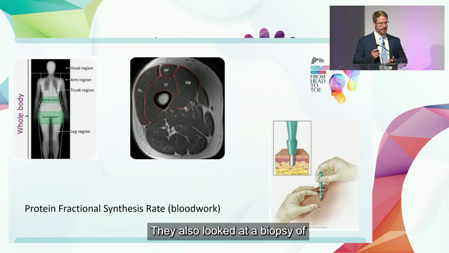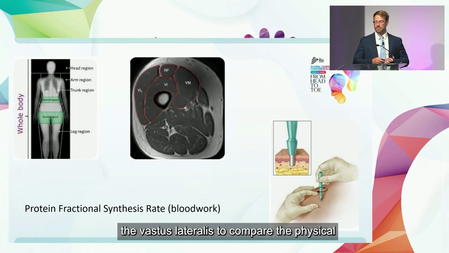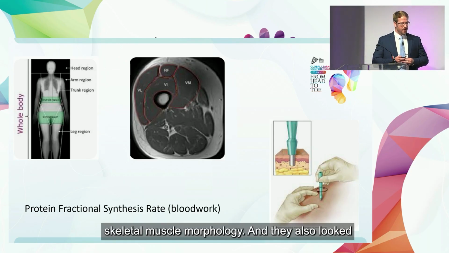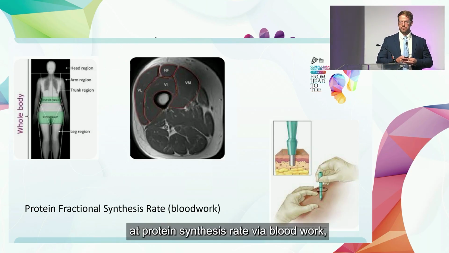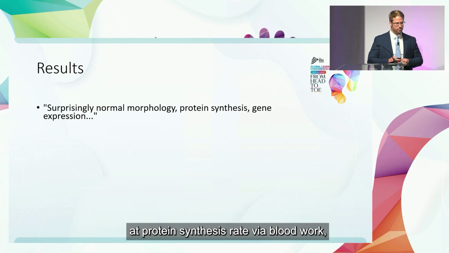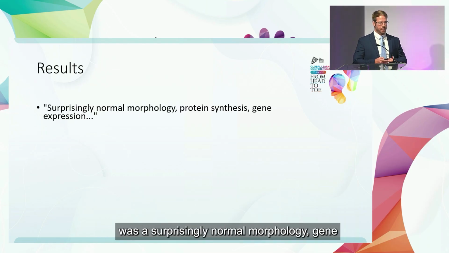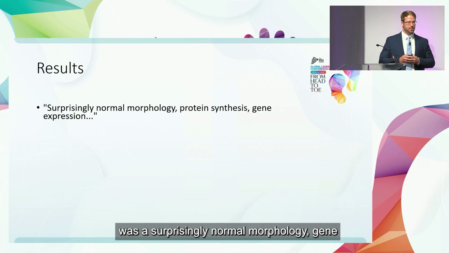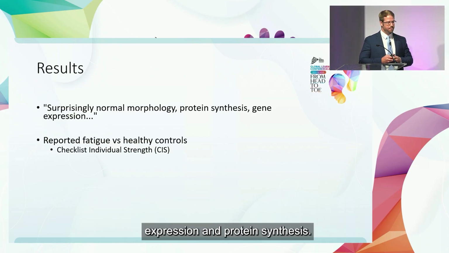They also looked at a biopsy of the vastus lateralis to compare the physical skeletal muscle morphology, and they looked at protein synthesis rate via blood work. Ultimately what they found was a surprisingly normal morphology, gene expression, and protein synthesis.